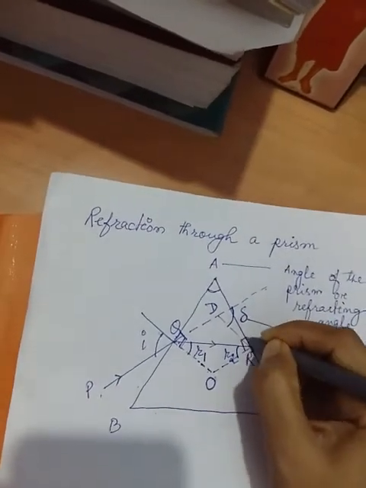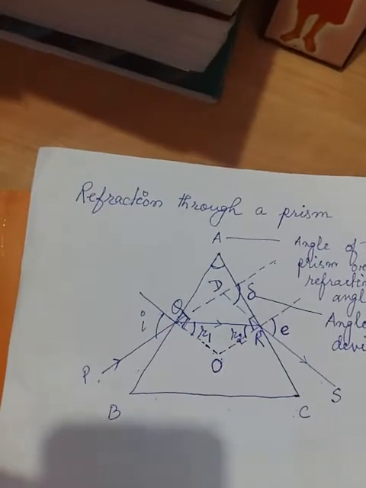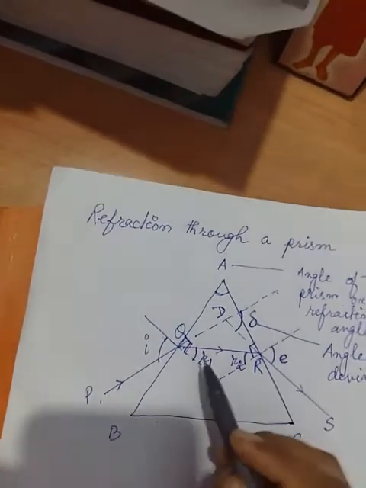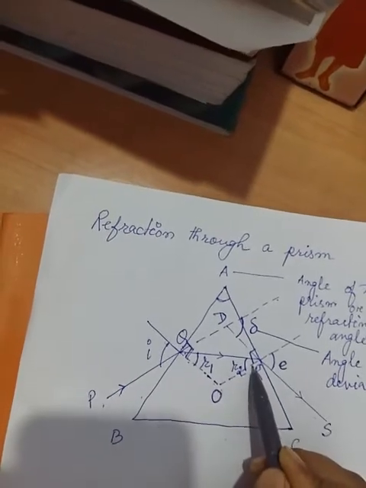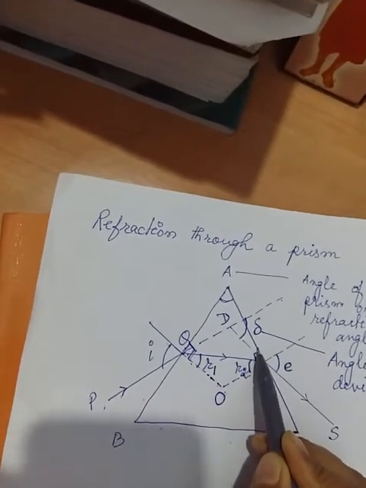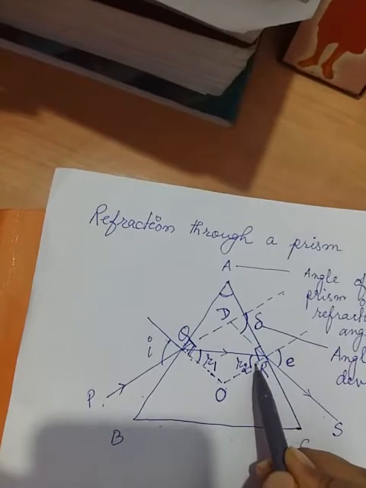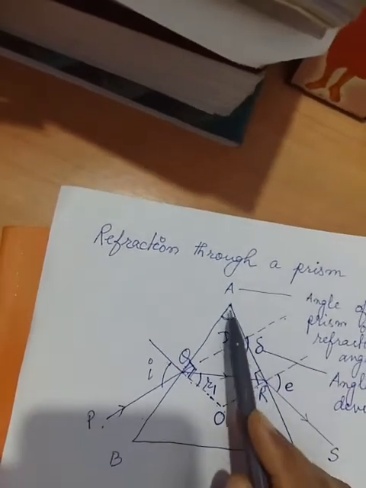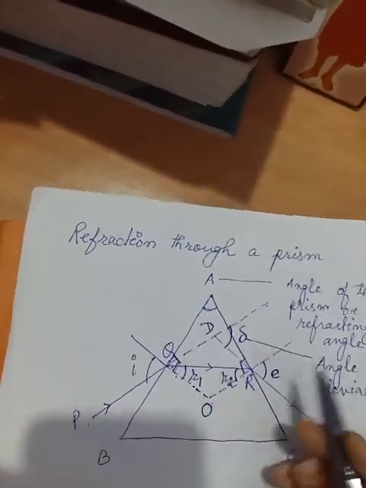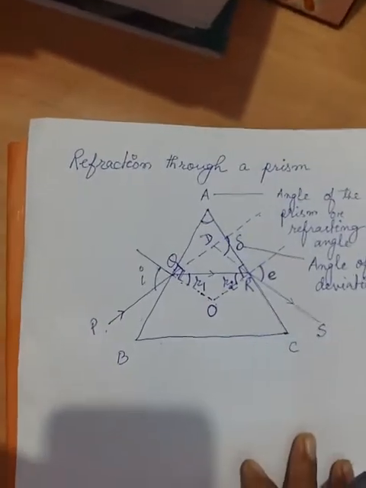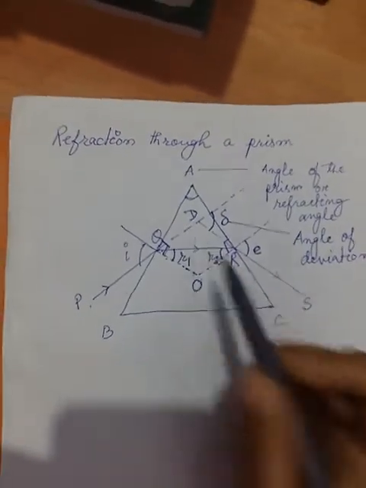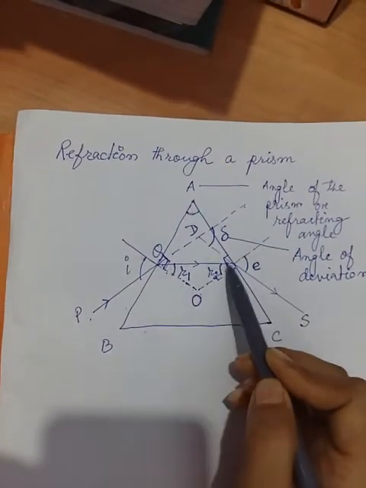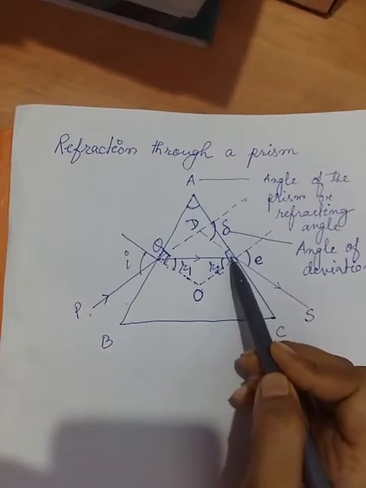Similarly, this angle is 90 degrees. We know that in a quadrilateral, the sum of the 4 angles equals 360 degrees. Here we already have 2 angles, 90 plus 90, 180 degrees.